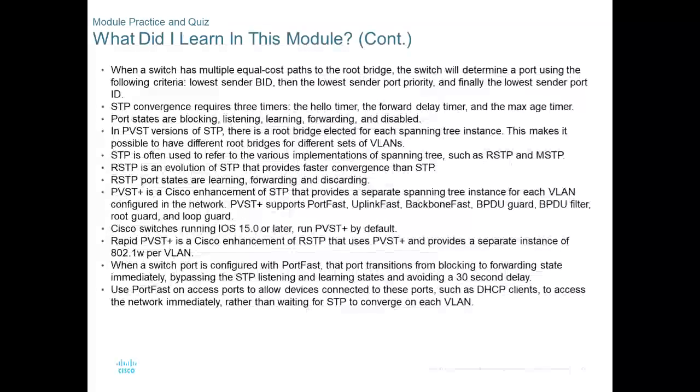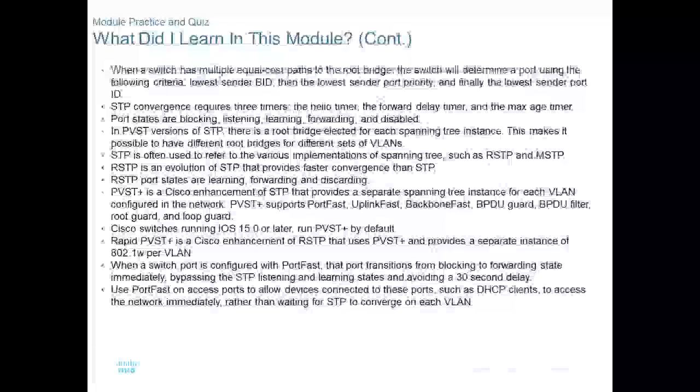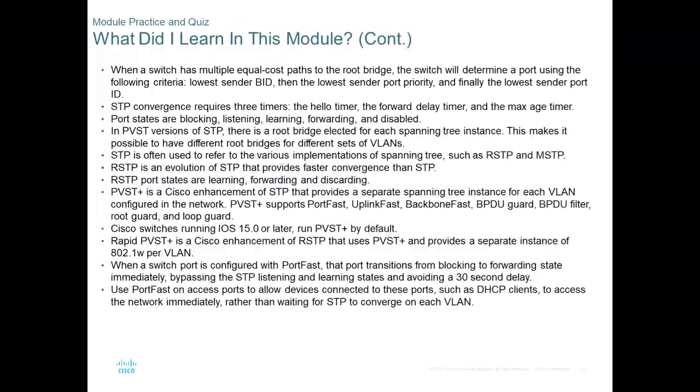We looked at how port-fast is used to basically transition directly to forwarding, avoiding our 30 seconds of delay, and where it should be used and where it shouldn't be used, and the safeguard for protecting spanning tree that is in place for port-fast.